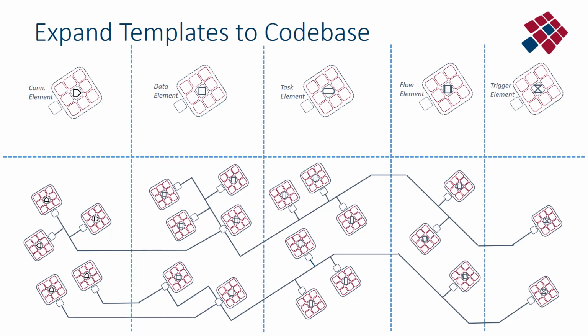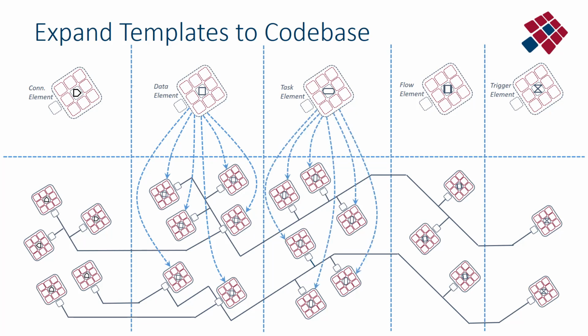And so from the point of view of the templates, the sets of template classes, you would have for every type of element an instantiation of this set of template classes for every instantiated element. So the data element set of template classes would be instantiated a number of times corresponding to the number of data entities.